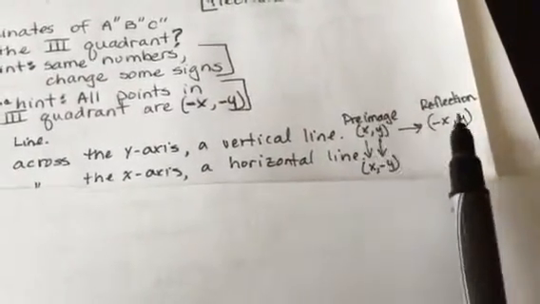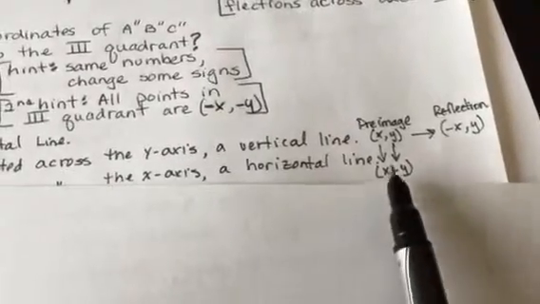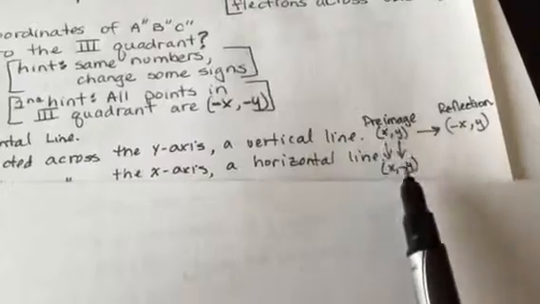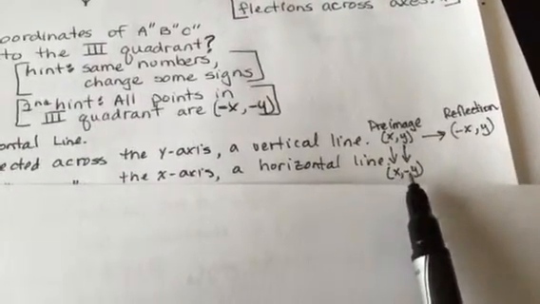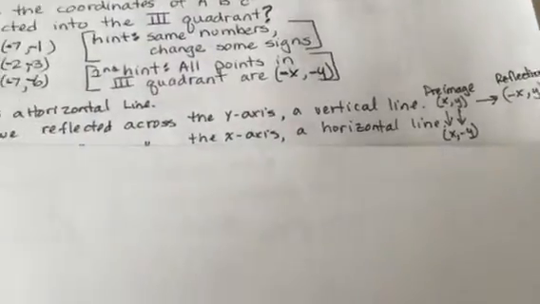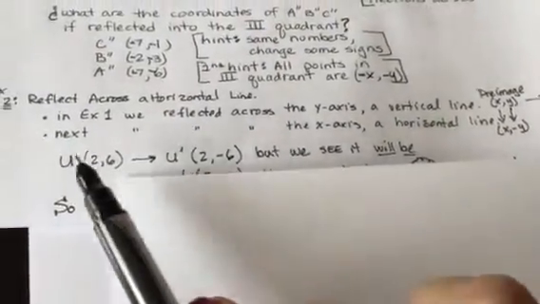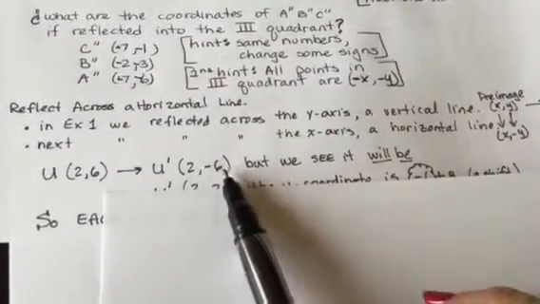Reflection across the y-axis, we changed the x coefficient from positive to negative. For the pre-image to the reflected image across the horizontal line, it is x, and we changed the y. So if U is (2, 6), U prime is (2, negative 6).